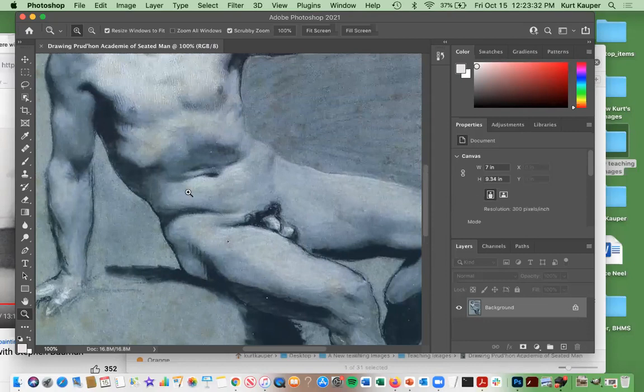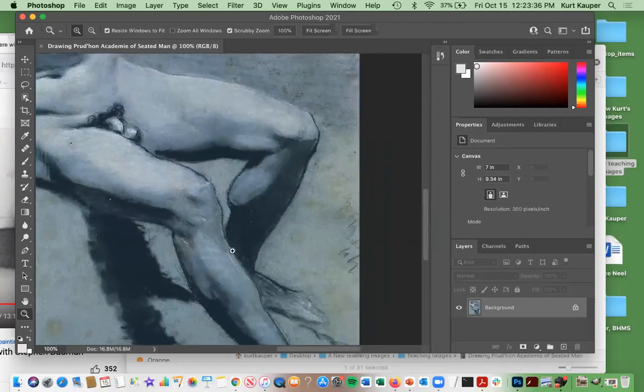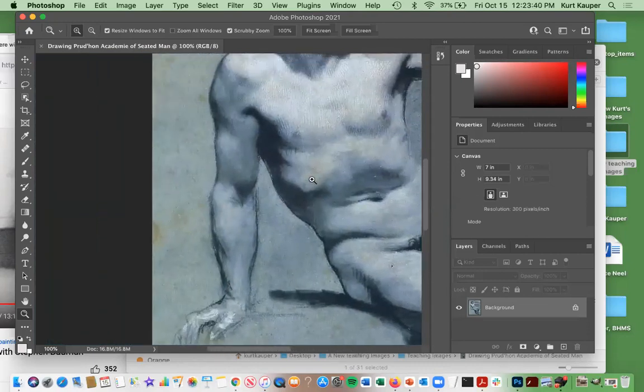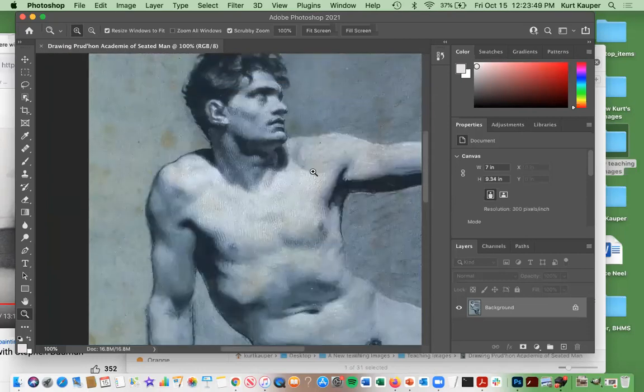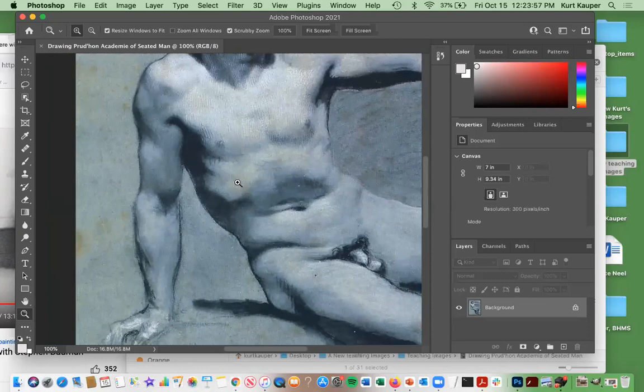Prud'homme does also use a blending stump. So Prud'homme will block in a big area of charcoal, and then he'll stump it so that he blends and creates a unified value. But really important, notice then he goes back over it with directional lines so that he never just leaves it as this kind of stain-like blending.